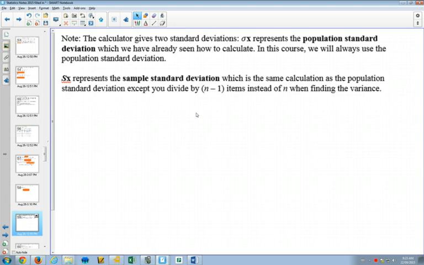It's exactly the same, but instead of dividing by n items, you divide by n minus 1. So if you do take a lot of stats in university, you're going to find out why it is that you divide by n minus 1 instead of n, and why that makes a sample standard deviation instead of a population standard deviation.